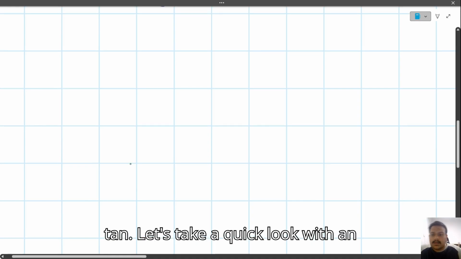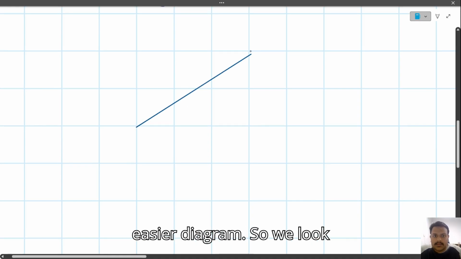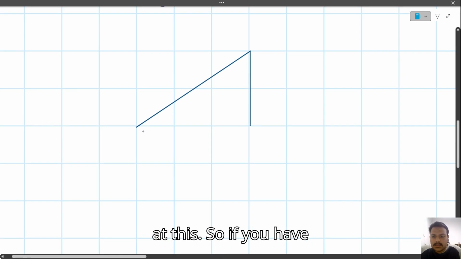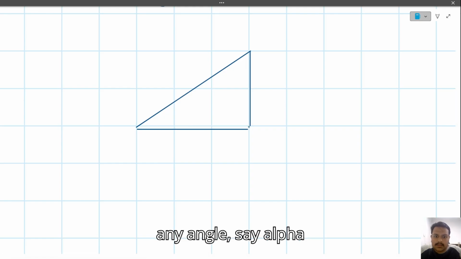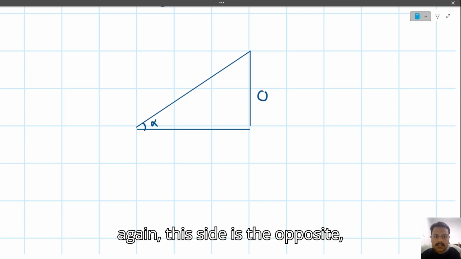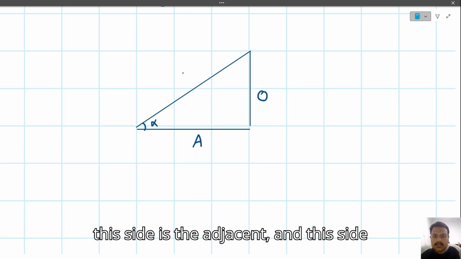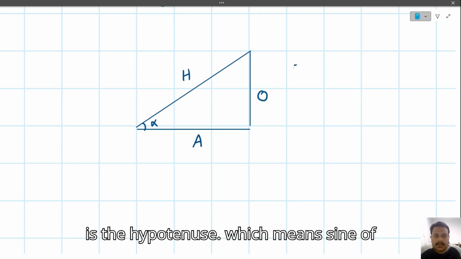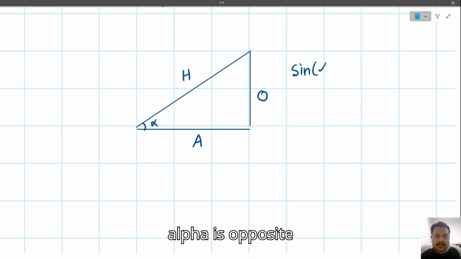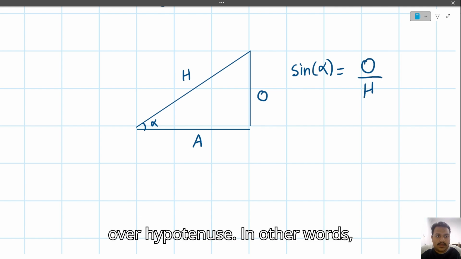Let's take a quick look with an easier diagram. If you have any angle, say alpha again, this side is the opposite, this side is the adjacent, and this side is the hypotenuse, which means sine of alpha is opposite over hypotenuse.